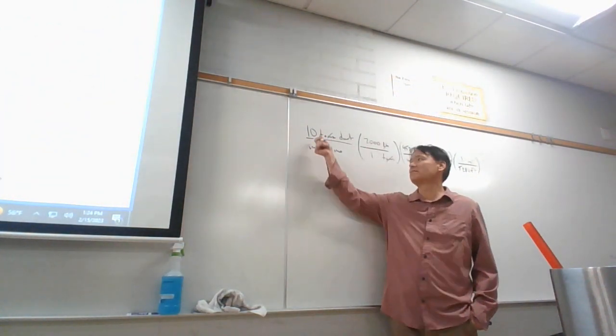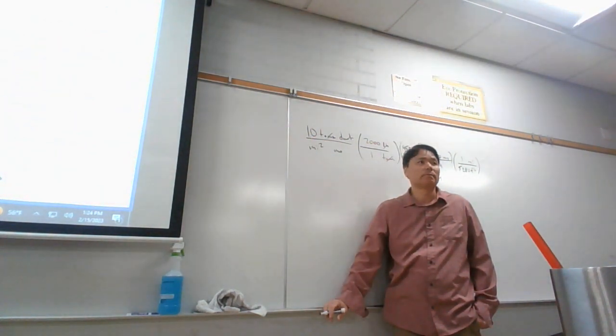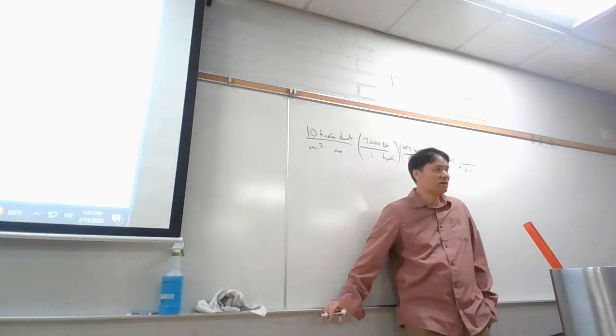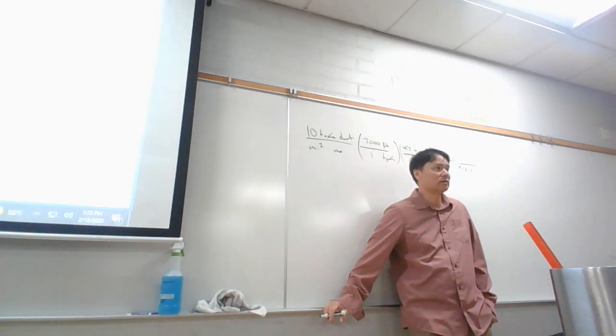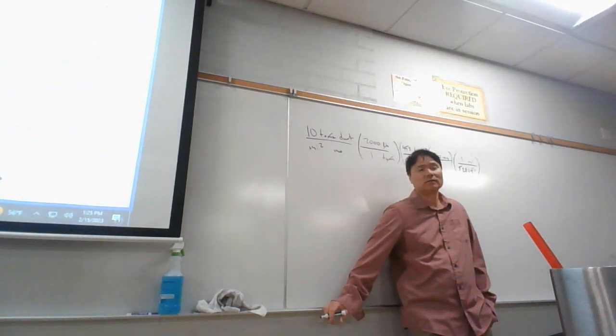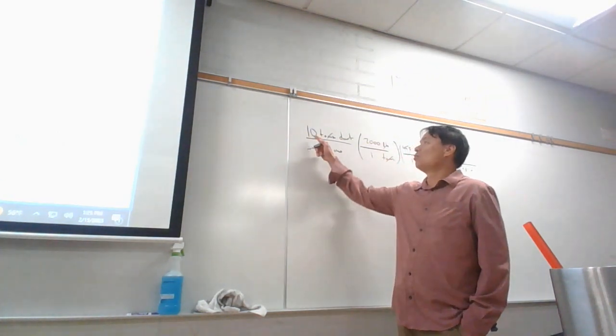Now, how many sig figs is this one good to? Would you say infinite? For 10 tons? Are we going to have exactly 10 tons of dust fall? No, it's not infinite. So how many sig figs do you suppose that is? Okay, it's either 1 or 2.